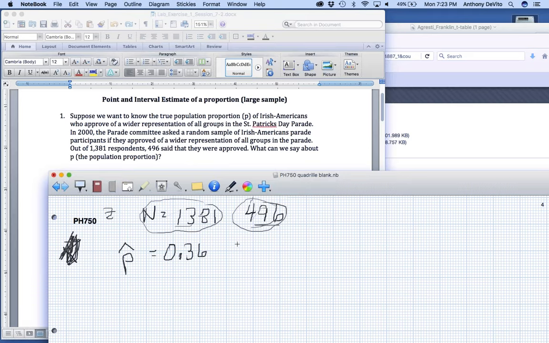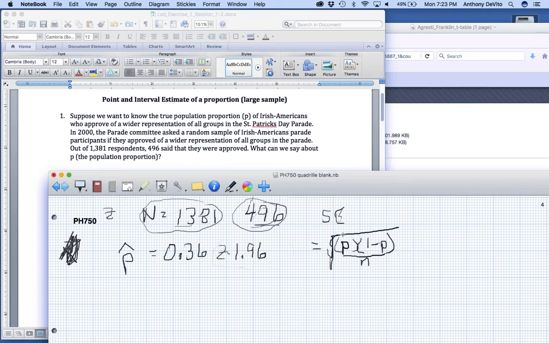I know I'm going to use 1.96 for our z distribution for a 95% confidence interval. What else do I need to know? I need to know my standard error so I can calculate my margin of error, right? So how do I calculate my standard error for a proportion? It's equal to the square root of, anybody remember? Times 1 minus p.